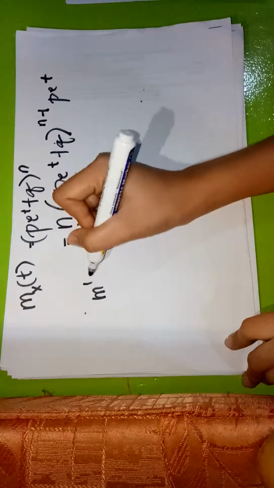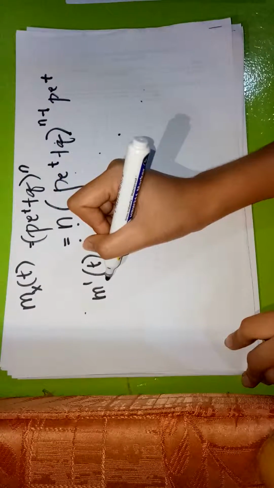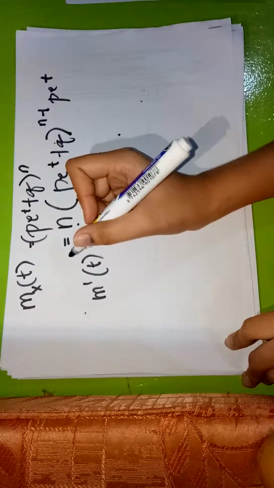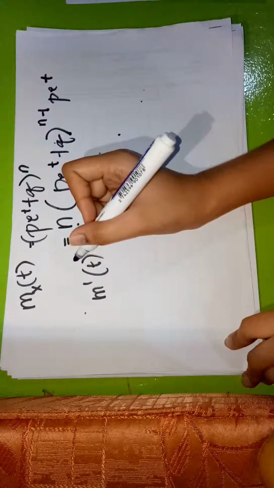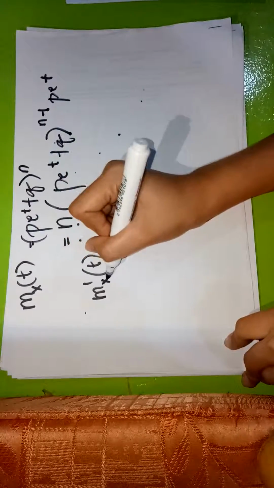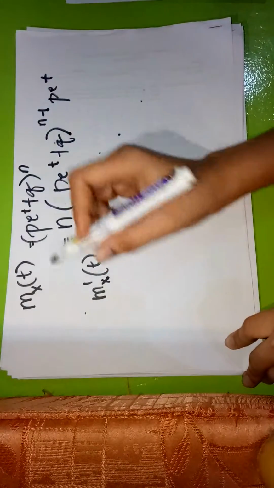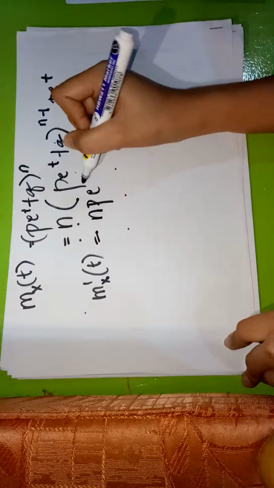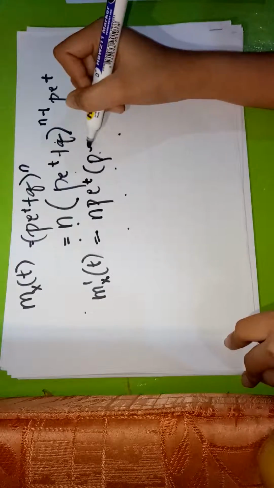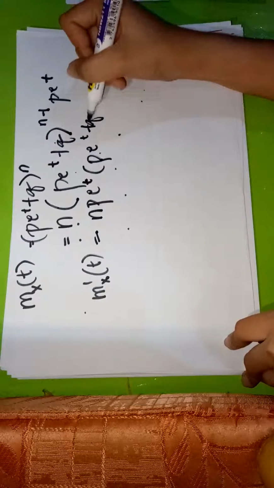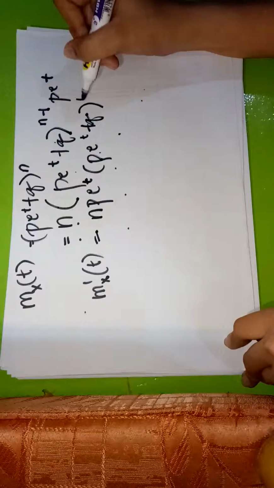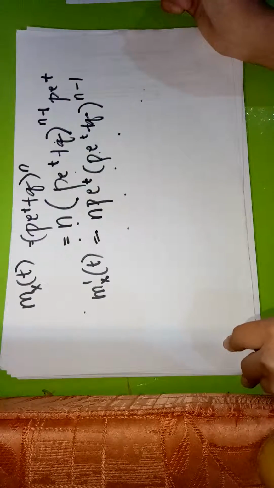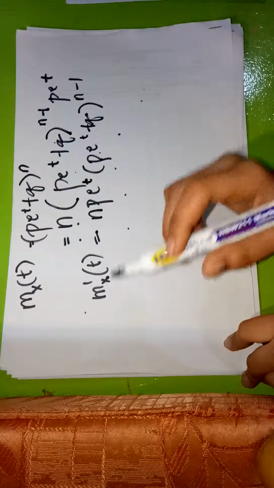So the first derivative of the moment generating function is equal to np e to the t, quantity p e to the t plus q, to the power of n minus 1. So we're going to let t equal 0.